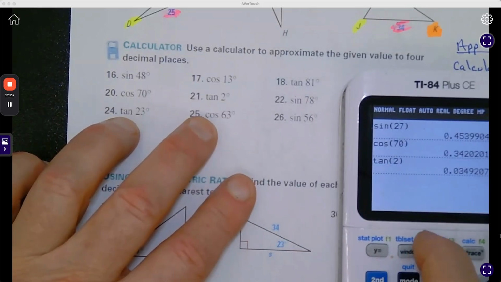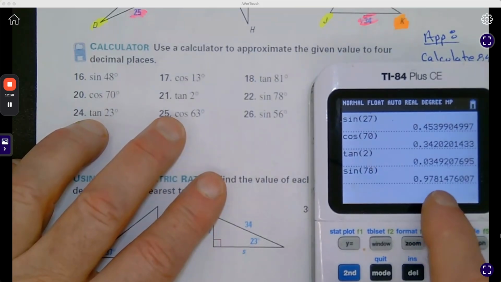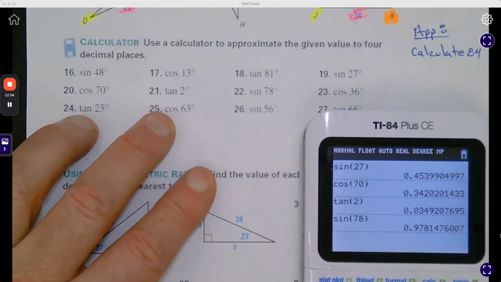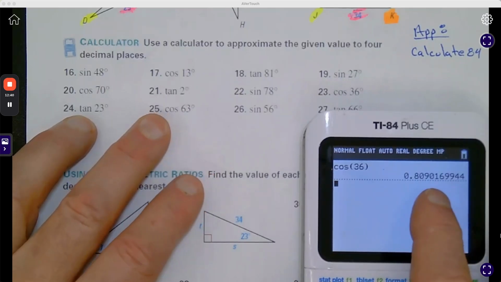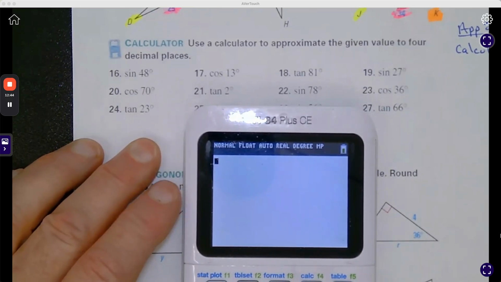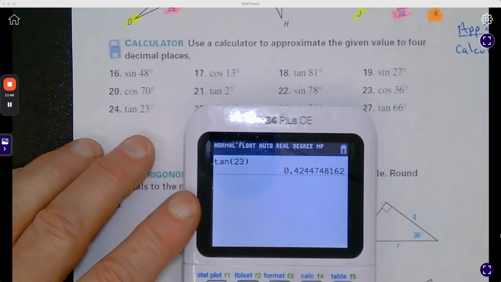0.0349. Sine of 78. 0.9781. Cosine of 36. 0.8090. And we're going to go back over here. Tan of 23. 0.4245.